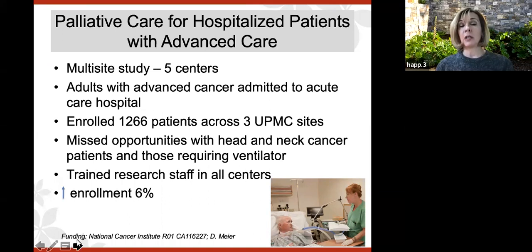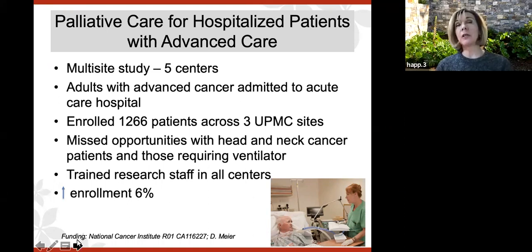But as we kept meticulous records about admissions of patients with advanced cancer to any one of these acute care hospitals, and as you can imagine, the eligibility criteria for what constituted an advanced cancer was very specific, we noticed that we were missing opportunities with those patients who had head and neck cancer and those patients who required mechanical ventilation during their hospital stay.